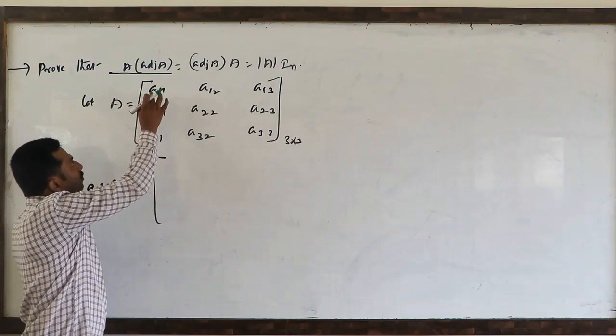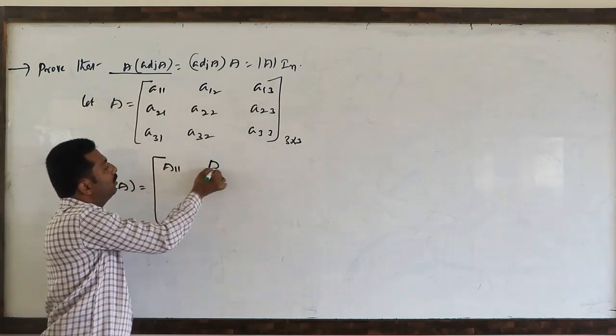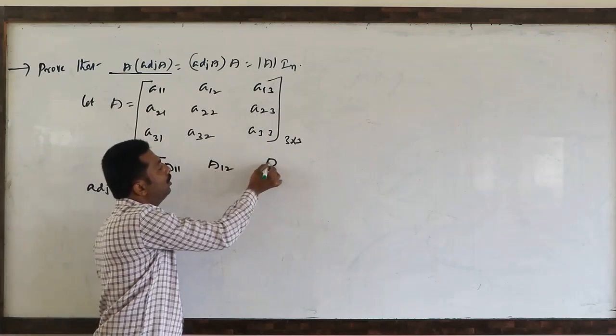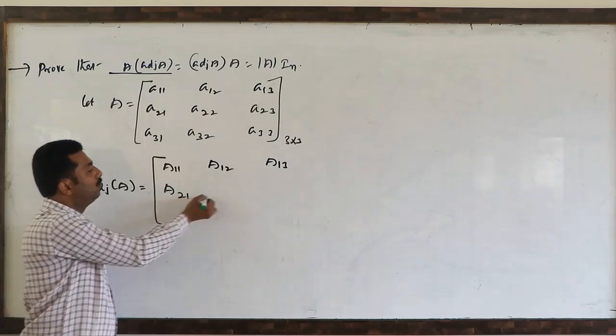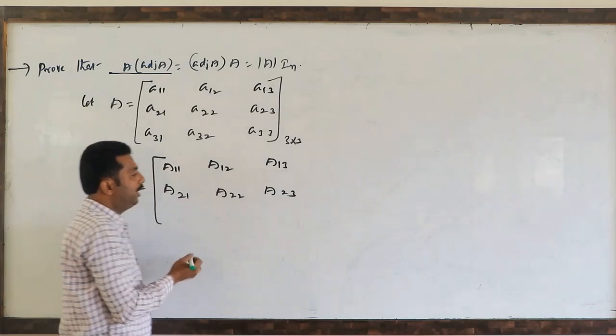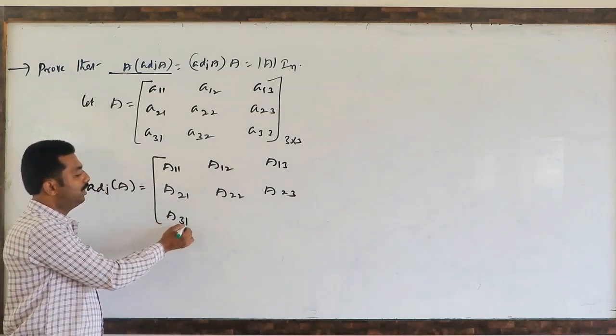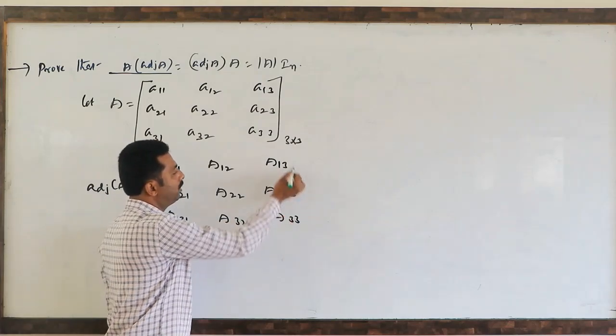We write the cofactor of a11 as capital A11, this is A12, this is A13, this is A21, this is A22, this is A23, and A31, A32, A33.